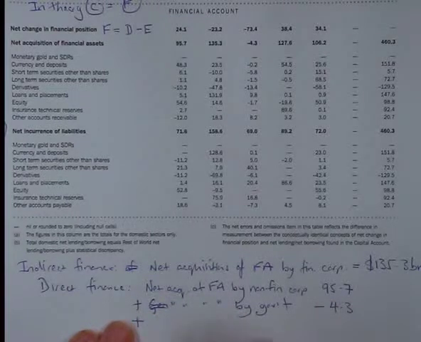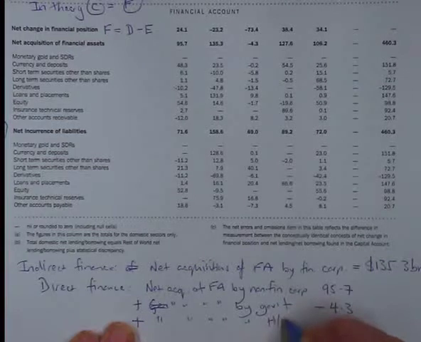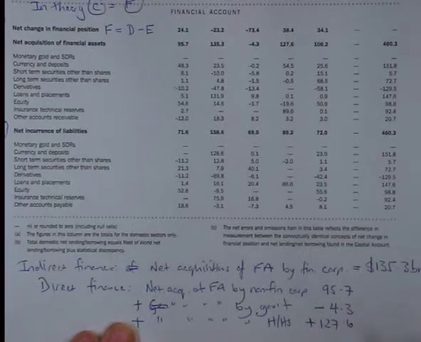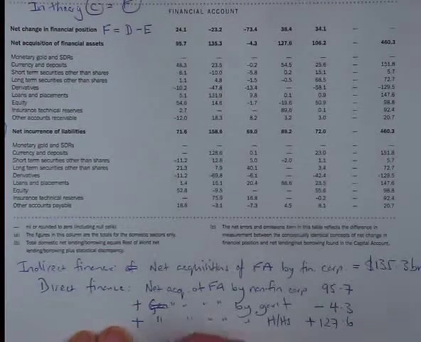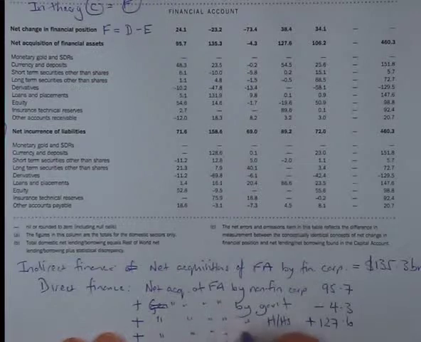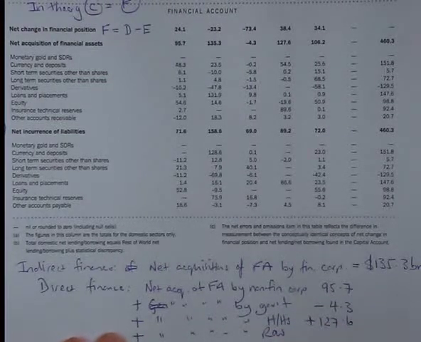Plus the net acquisition of financial assets by households. And that's 127.6. Plus the net acquisition of financial assets by the rest of the world. And that was 106.2.